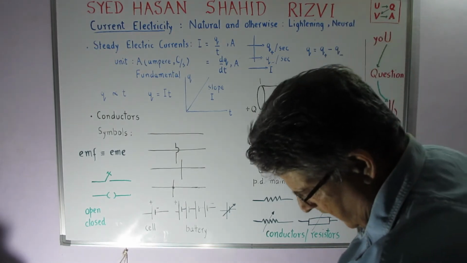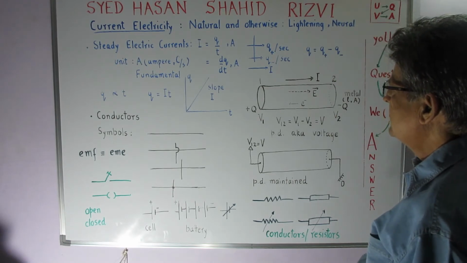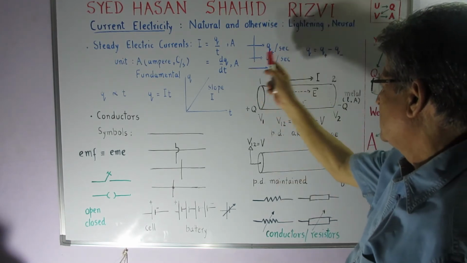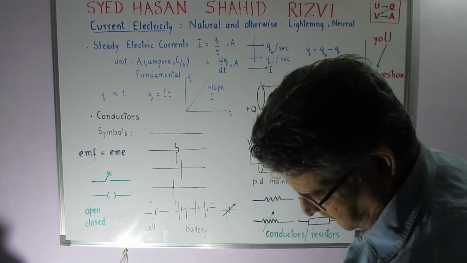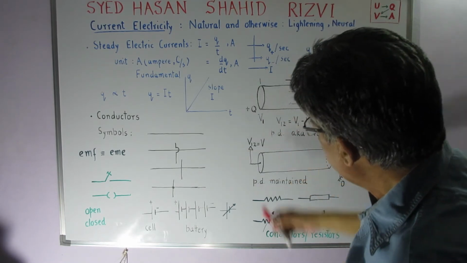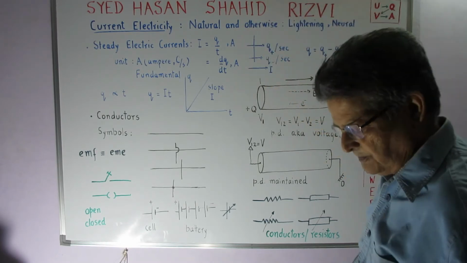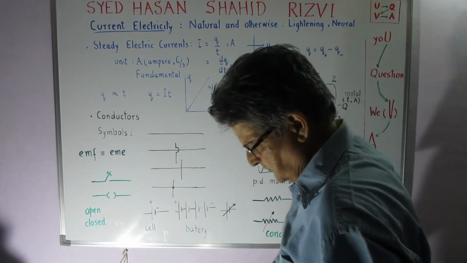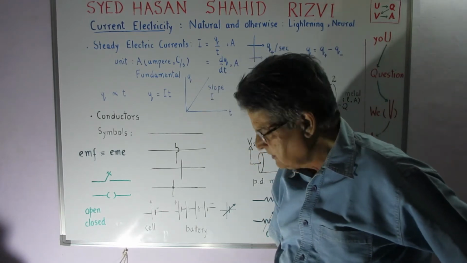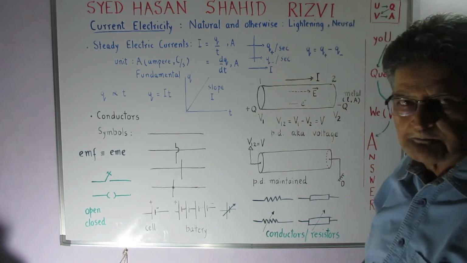So suppose there is a flow of charges from left to right, and there is a surface through which the charges are flowing, both positive and negative charges. The flow is shown as Q plus per second and Q minus per second.